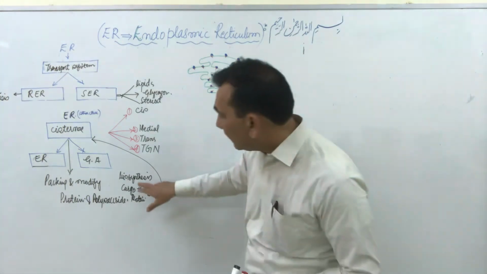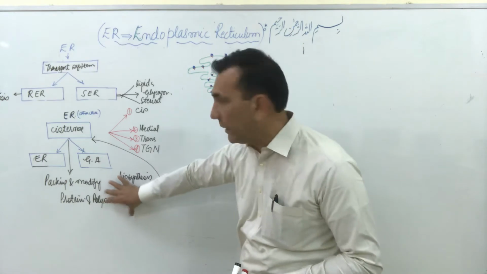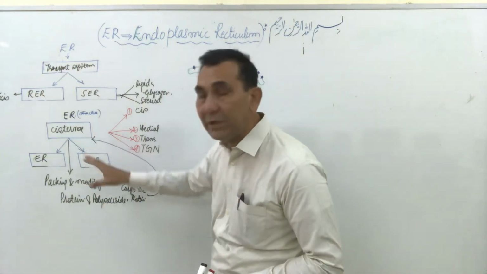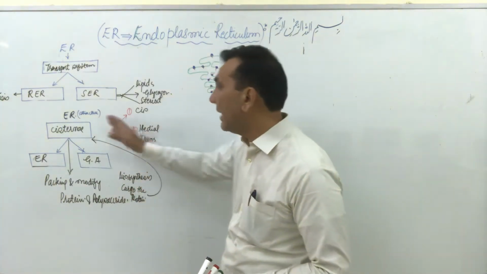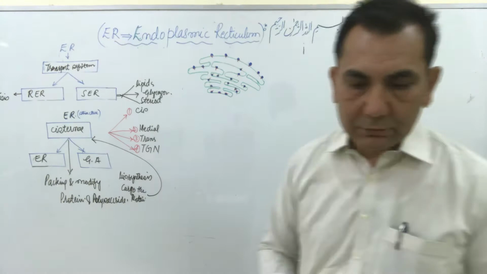But the biosynthesis of the protein is synthesized over here in the rough endoplasmic reticulum, and it has been cargoed by the cisternae and sent to the rough endoplasmic reticulum.